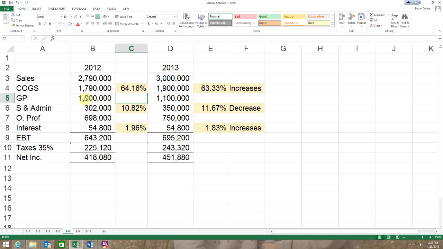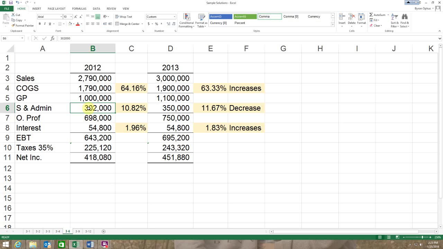Okay, and which gives me then a gross profit. My gross profit is simply my sales minus my cost of goods sold, right? And then my selling and administrative expenses, again we want to calculate this as a percentage of our sales. This is an expense, this is an expense, and so will interest be an expense. So I've got three expenses, right?